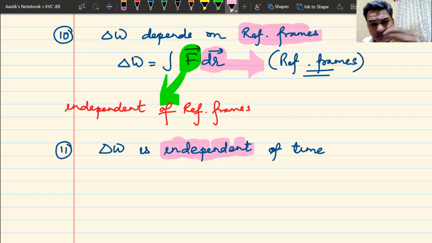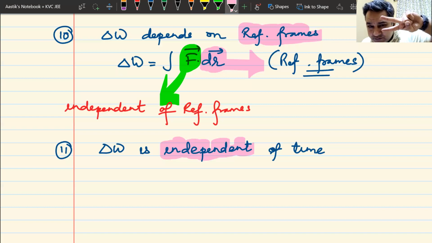You rest, you accelerate, you move with uniform velocity, you move with variable velocity, doesn't matter. Work done by the force does not depend on your motion, uniform velocity, non-uniform velocity, uniform acceleration, non-uniform acceleration. It does not depend on time because it does not depend on all these things. It only depends on how much your displacement is.